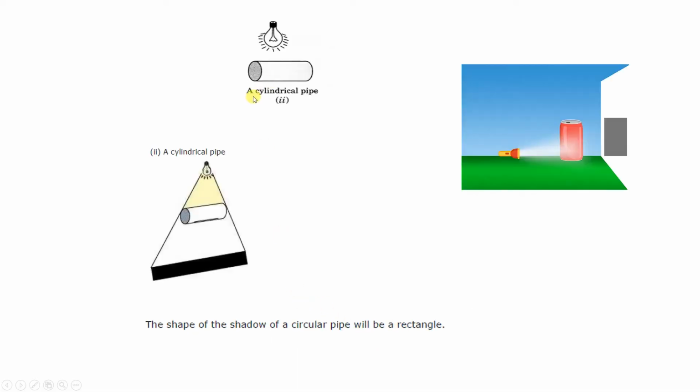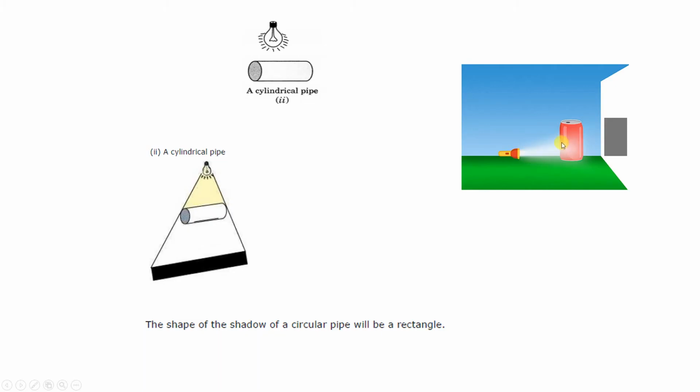Next, a cylindrical pipe. So here when we put a cylindrical pipe below the bulb and see its shadow, it looks like a rectangle. For example, here also in this second figure, a cylinder pipe-like structure, which is nothing but a can, is there. Now you have seen this cold drink can.